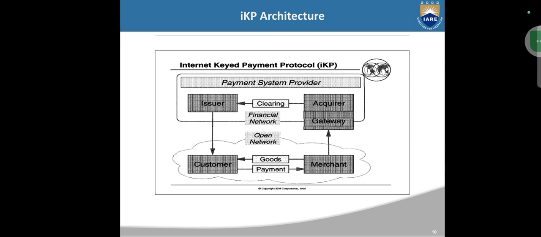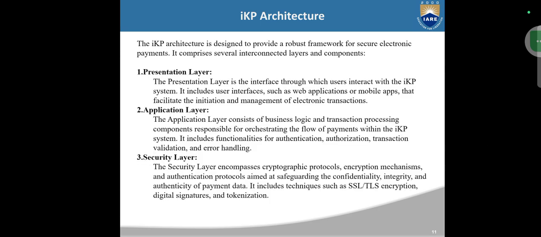This architecture shows the payment system provider. iKP architecture. The iKP architecture is designed to provide a robust framework for secure electronic payments. It comprises several interconnected layers and components.